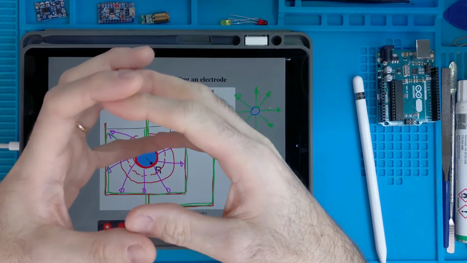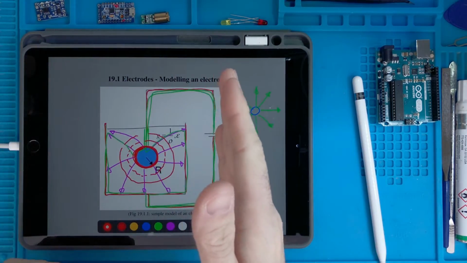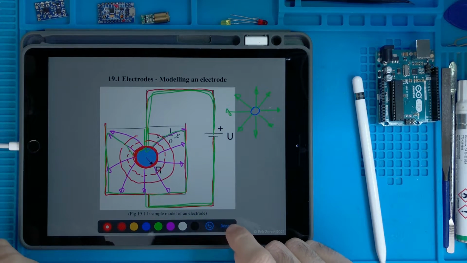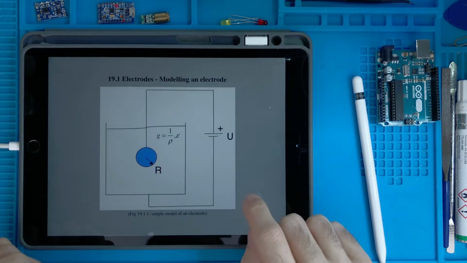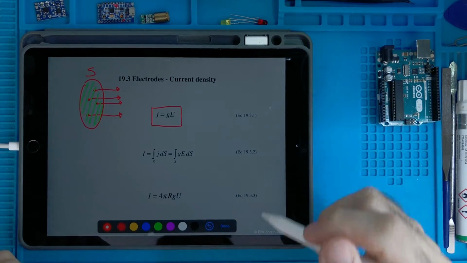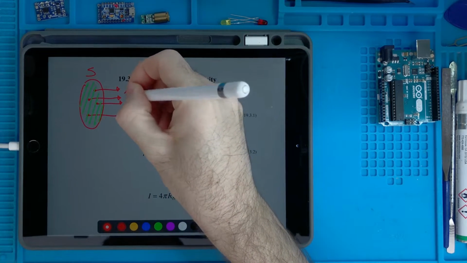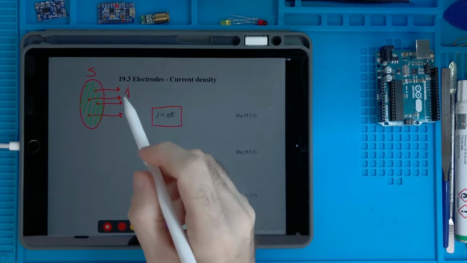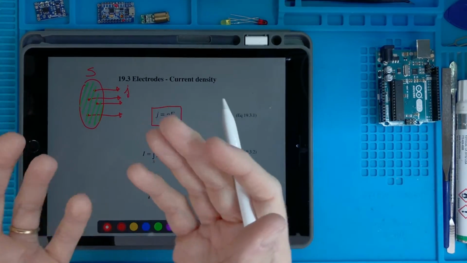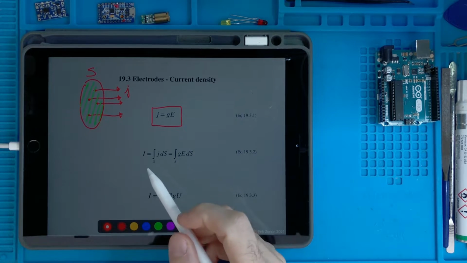So it's exiting like this. So now this surface S is not flat, it is curved around the electrode. Okay, so we are here. It means that in order to get the current, we have to integrate the current density through a surface S, which now is a sphere embedding the electrode.